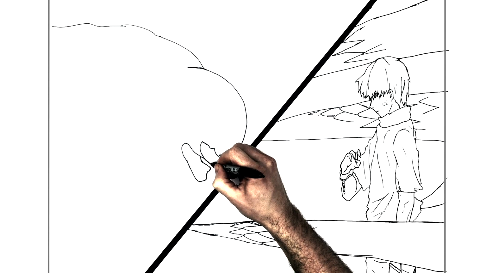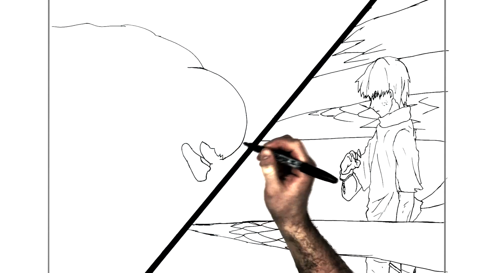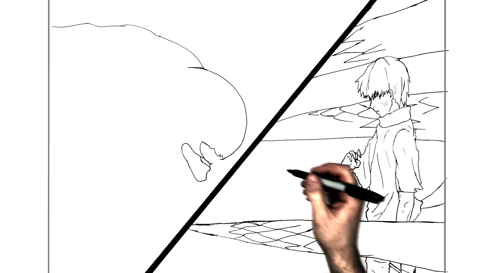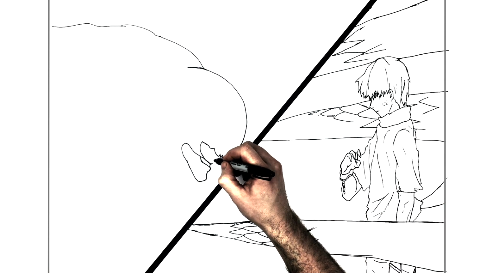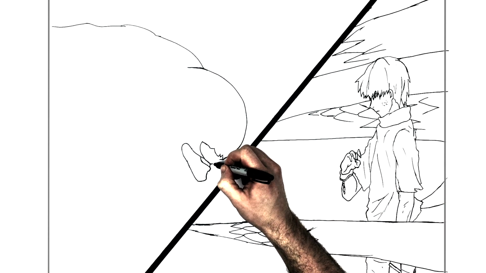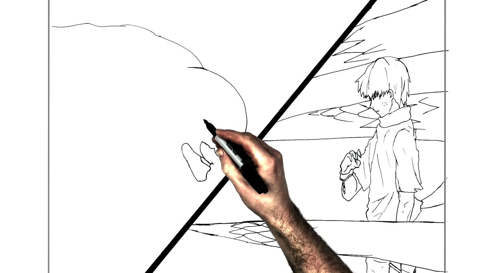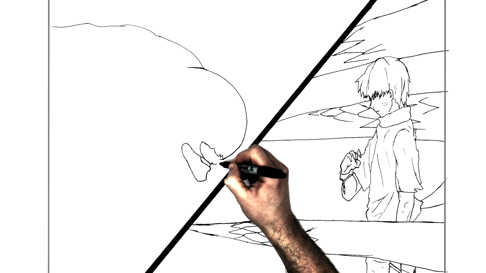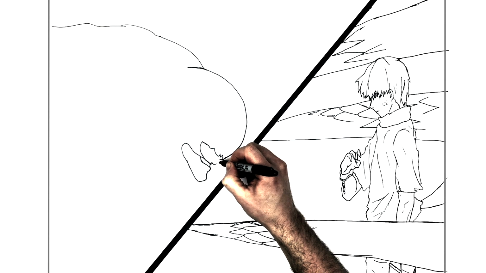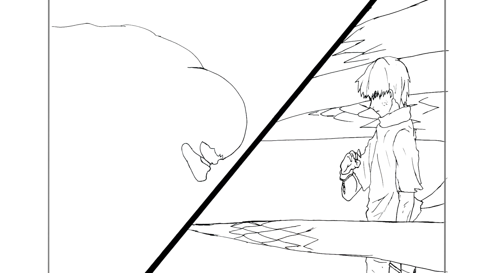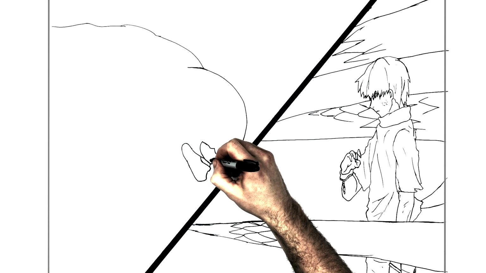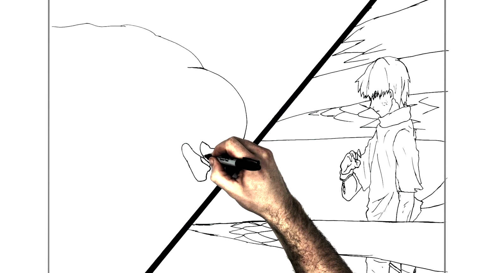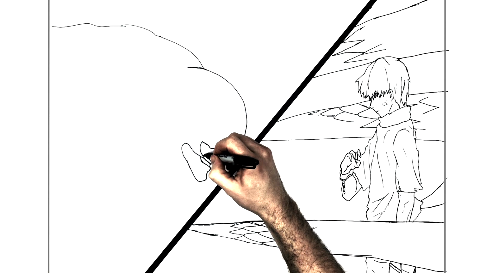And then this comes diagonal that way, and then diagonal down that way. And then his top lip is going to come out a bit more, and then come up this way. Curve around, and back up towards his nose. And then this line comes back for his top lip there.